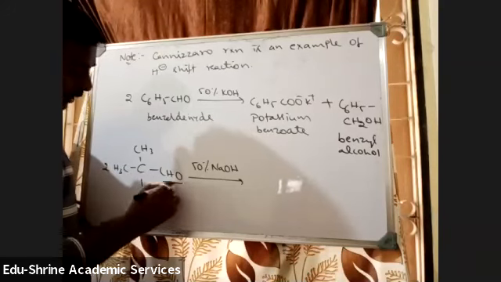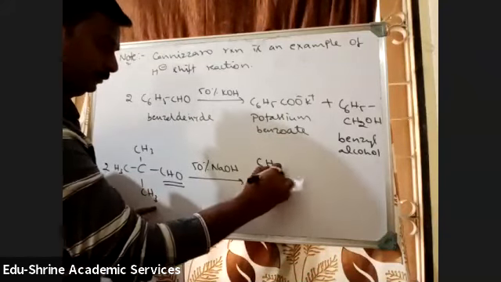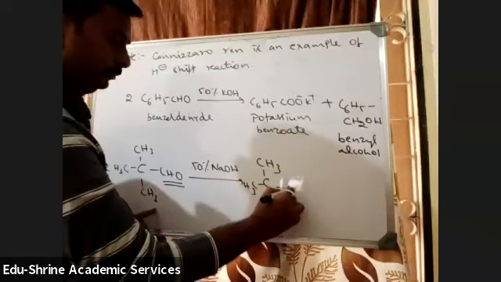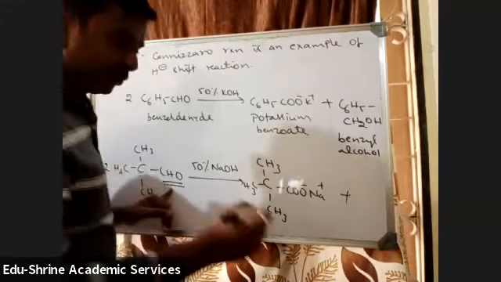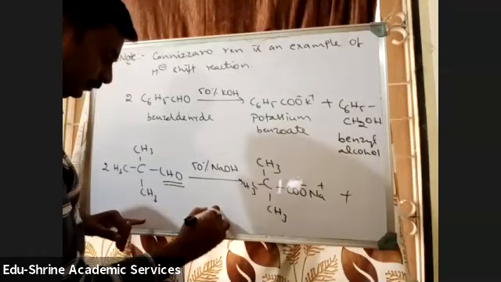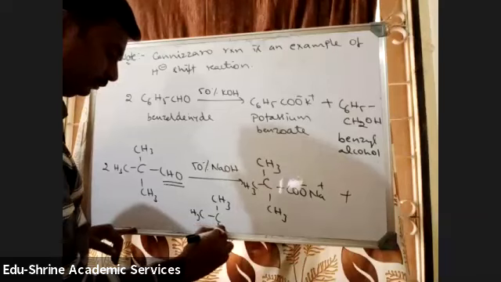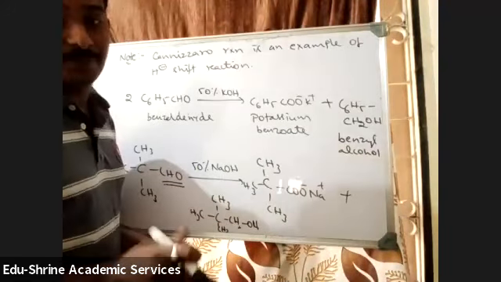This will be converted to COO minus, and in the other way, this will be converted to CH2OH also. So be careful with the number of carbon atoms, students. Don't change the number of carbon atoms; it will be a wrong answer.